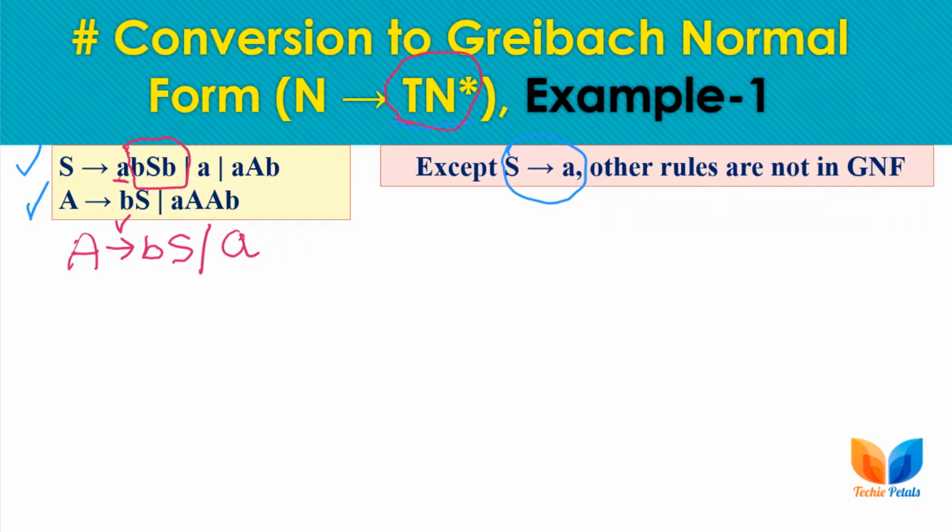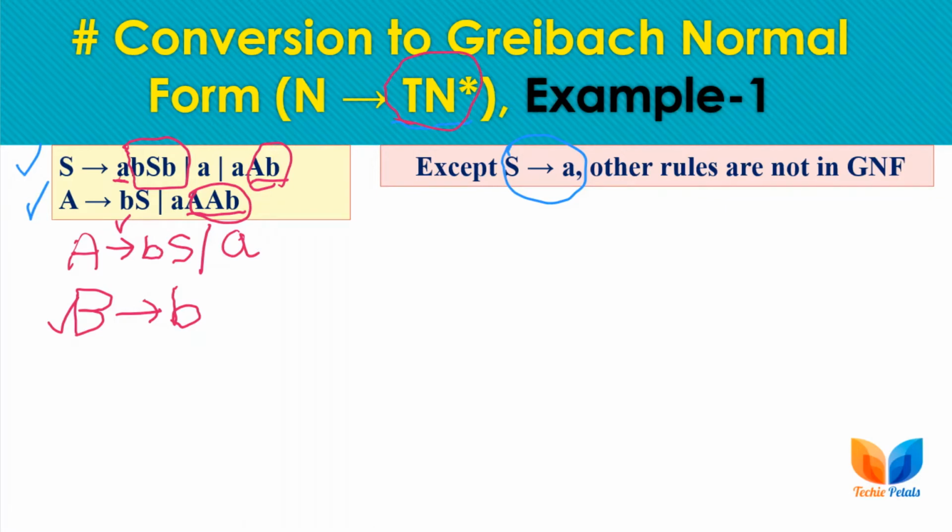In all other rules only b is the terminal that is creating a problem. So we can simply introduce a new non-terminal by any name. Suppose we introduce a new non-terminal B that can derive b. We can replace all the b's in these production rules with the non-terminal B, and the grammar will simply be converted to the GNF form.